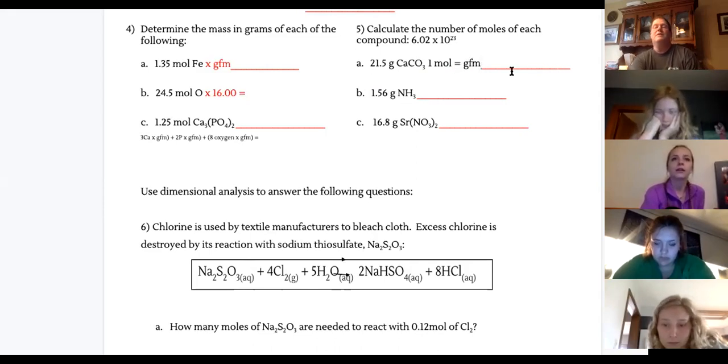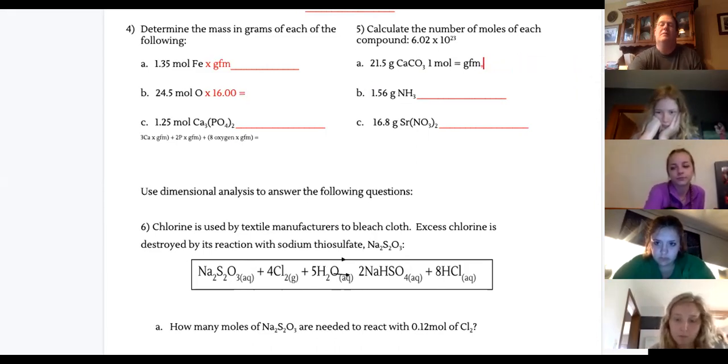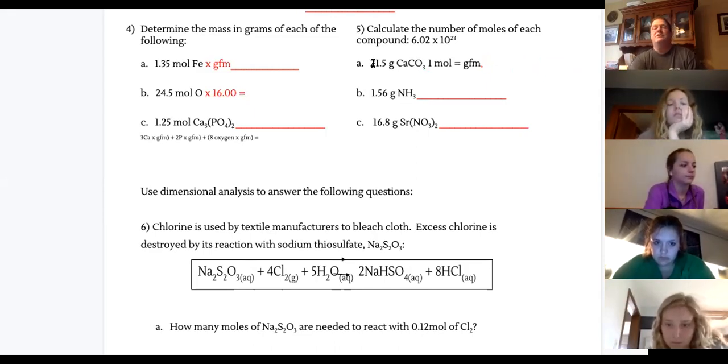Right? 1 mole of it's going to equal its gram formula mass. So you'd have to take the grams of this and divide by its gram formula mass.